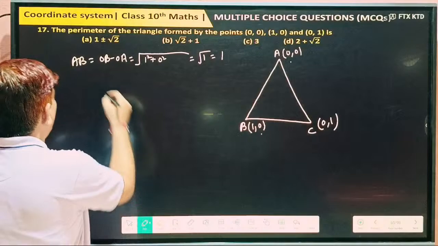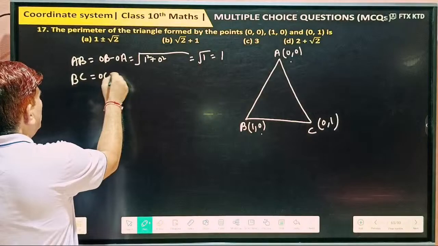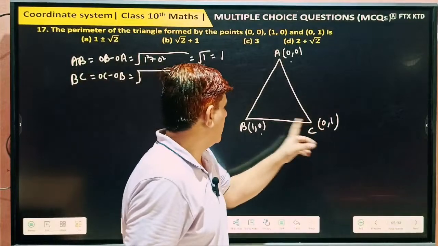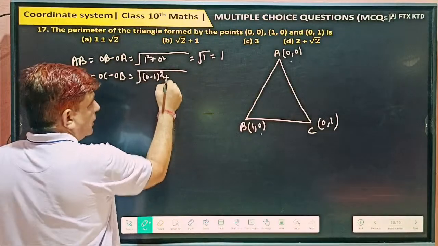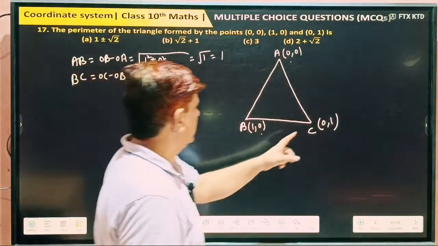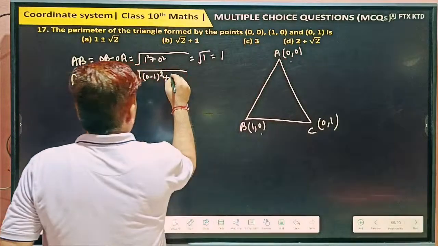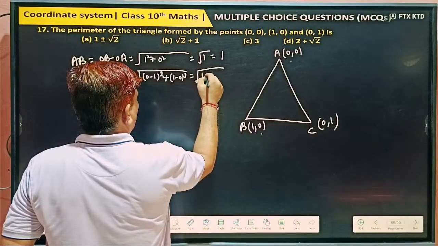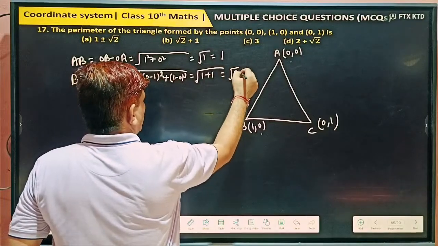Understood? Similarly, BC equal to OC minus OB. Again this: under the root (0 minus 1) whole square plus (1 minus 0) whole square. What is this? This is equal to 1 plus 1, which is equal to under root 2.